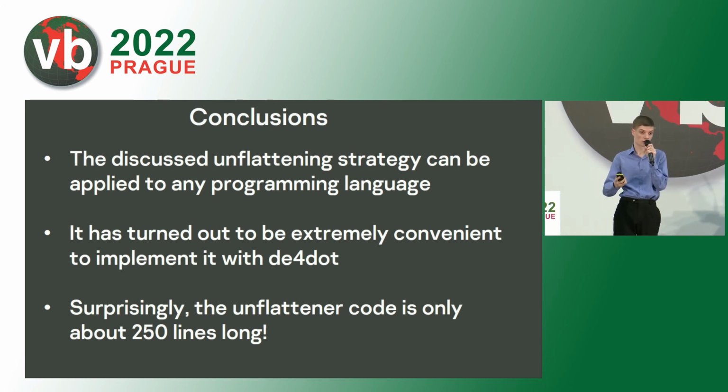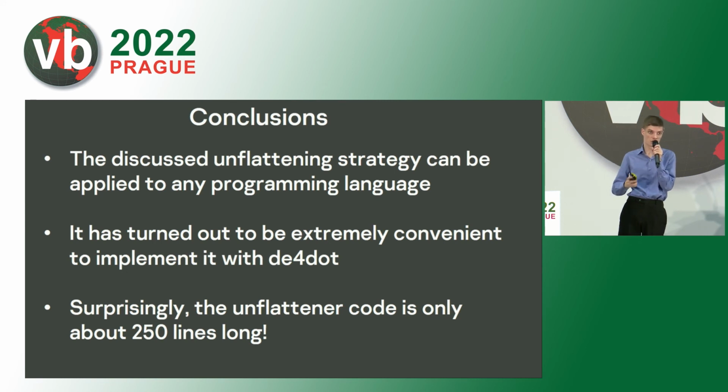And as for dnlib, as for .NET, it turned out to be extremely convenient to perform all those three steps using dnlib. That is because dnlib allows you to perform complex things like reconnecting blocks, as we saw, in a rather small amount of code, one line in our case.